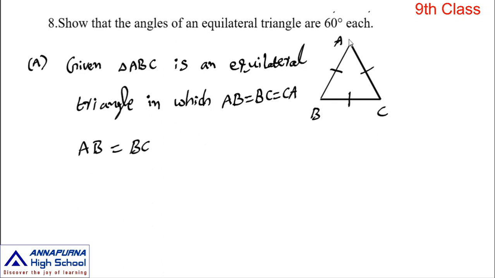The angle opposite to side AB is angle C, and the angle opposite to side BC is angle A. Since by using theorem 7.2 AB is equal to BC, so angle C is equal to angle A.